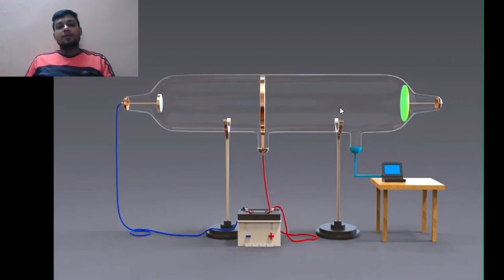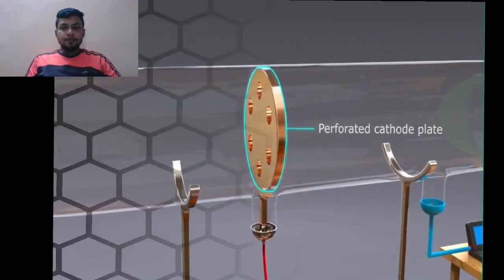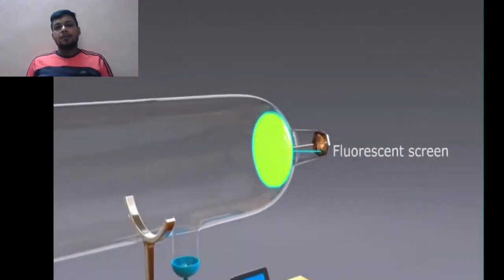The setup for this experiment is almost similar to the cathode ray tube used by J.J. Thomson. Here you can see that this is the negatively charged plate, and this is a positively charged plate, and this is the fluorescent screen. This is the perforated cathode plate, and this is the fluorescent screen.